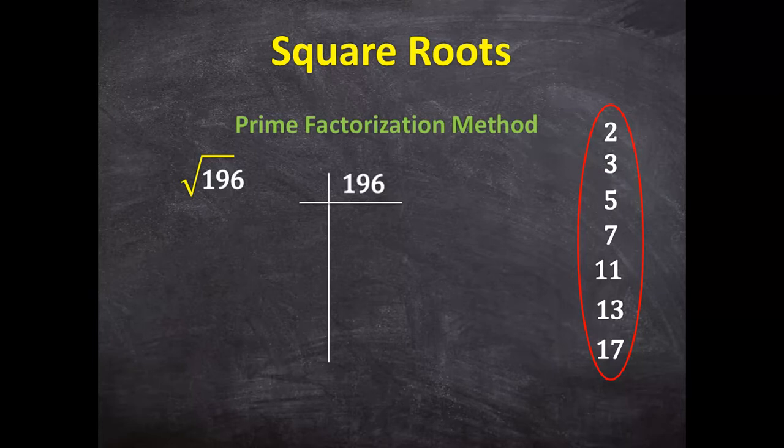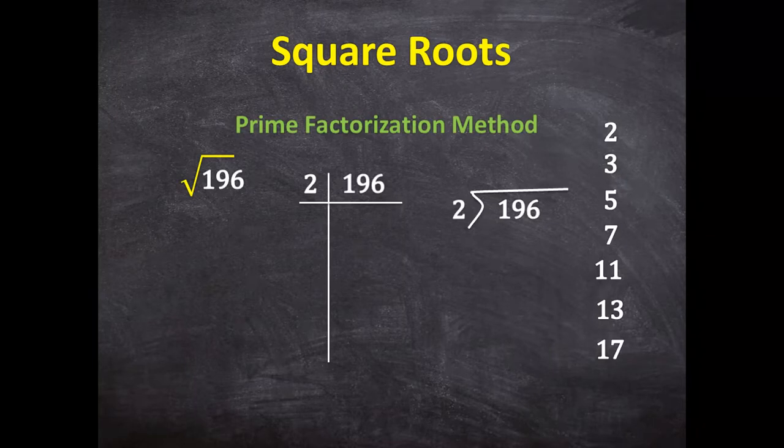So we use these prime numbers to find the prime factors of 196 by dividing it again and again. So we start with the very smallest prime number, that's 2. Since 2 exactly divides 196, we write 2 over here and divide 196 by it.